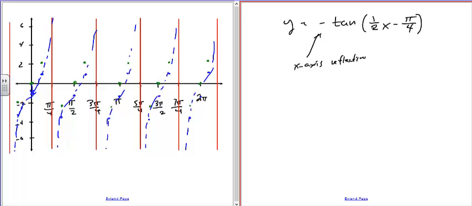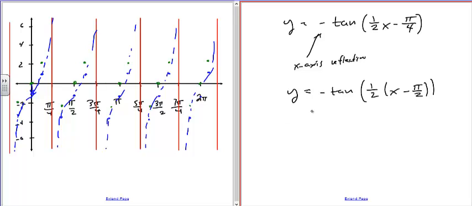This is going to affect the period, and this number, once we factor out the half, is going to affect the x shift. So we haven't done an x shift yet. But whenever you have an x shift, you have to factor out whatever that coefficient is in front of the x. So we'll factor out a half. You divide this by a half, which is the same as multiplying by 2. And you can see if I take a half times negative pi over 2, I get negative pi over 4.